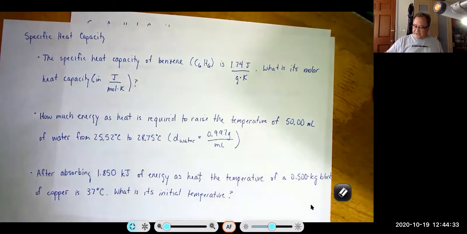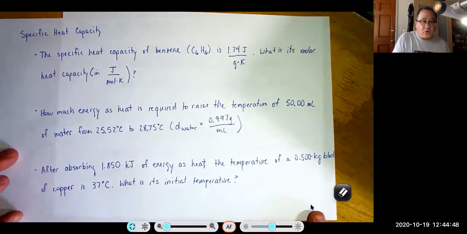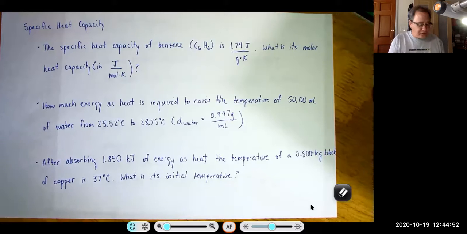The next section is a section called specific heat capacity. And specific heat capacity is a physical characteristic of any substance. Basically, specific heat capacity is the amount of energy that something can absorb and the accompanying temperature change.